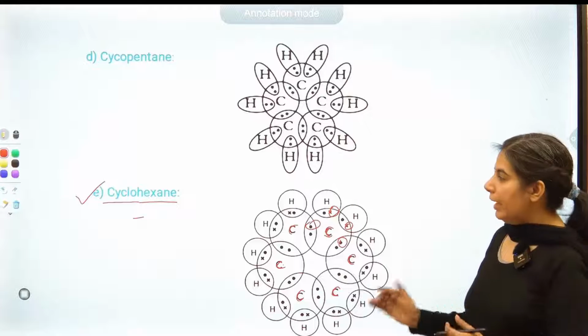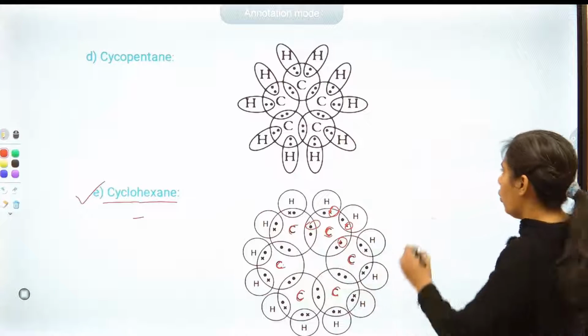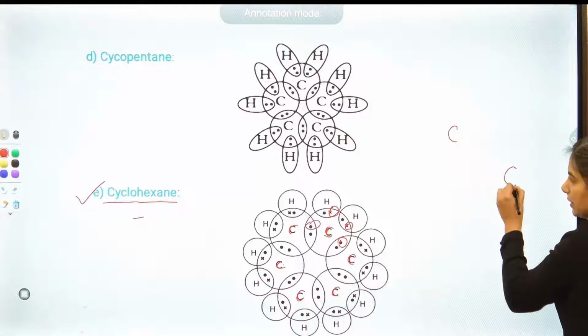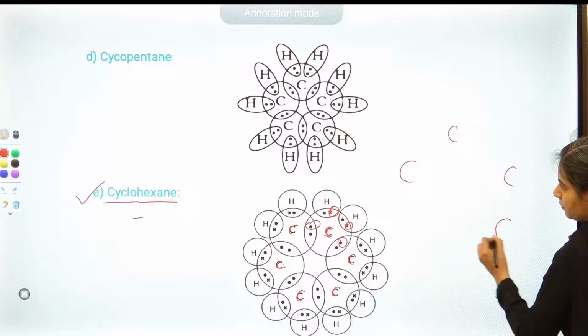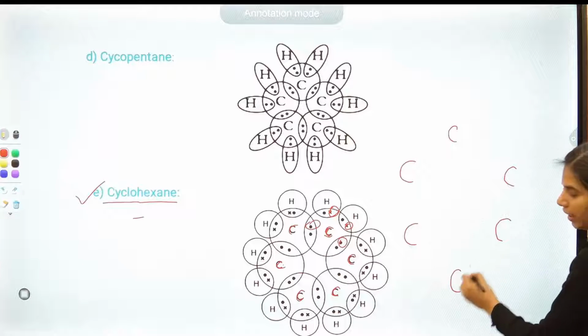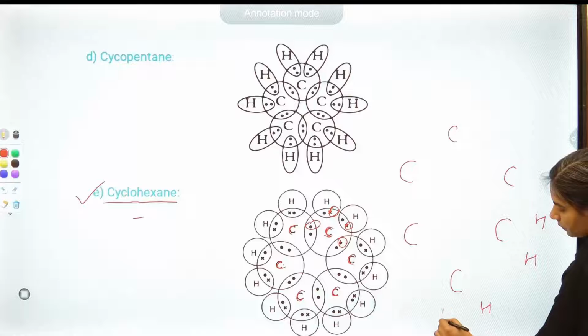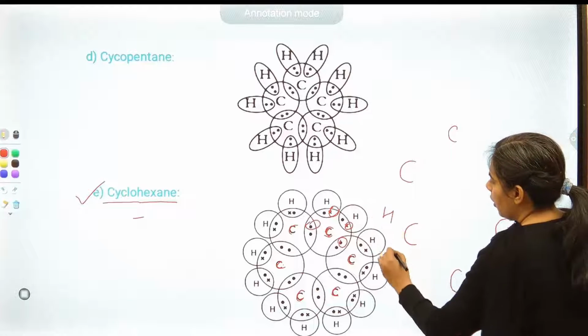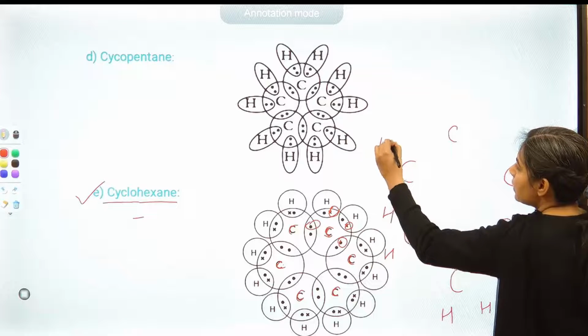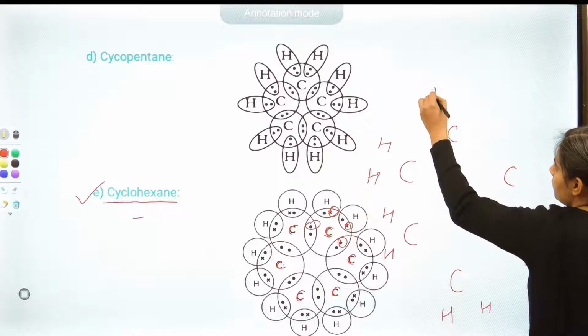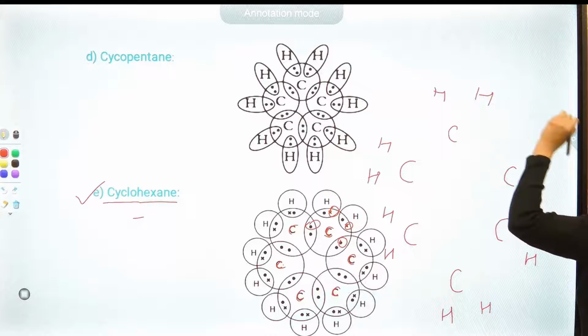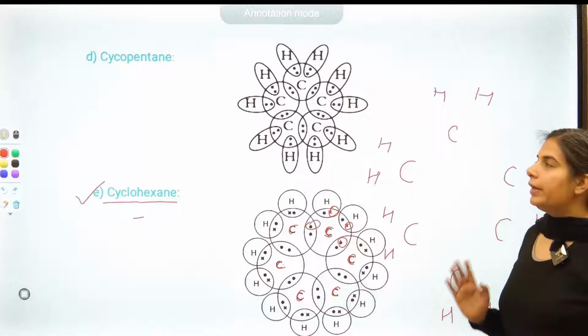It means in the case of cyclohexane, we are having 6 carbons and each carbon contain 2 hydrogen by the mean of single bond, and we know that each bond contain 2 electrons.